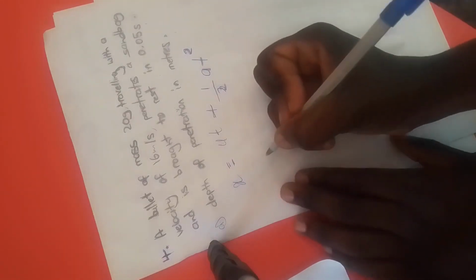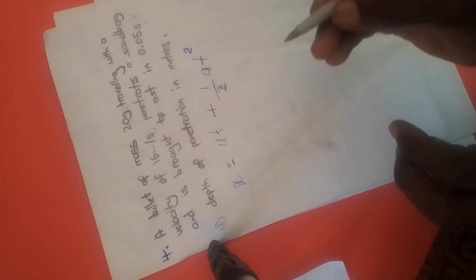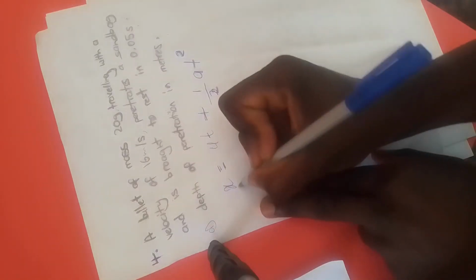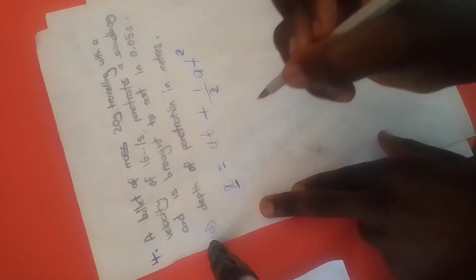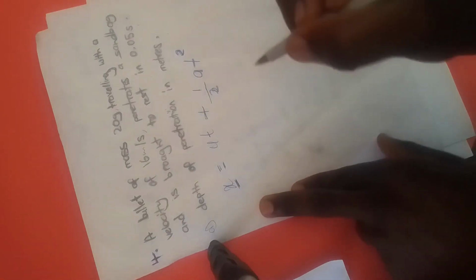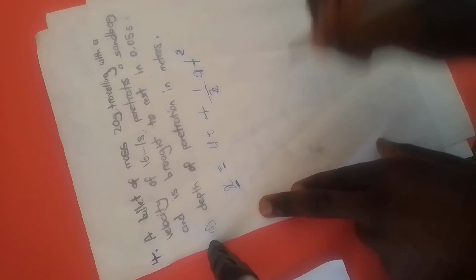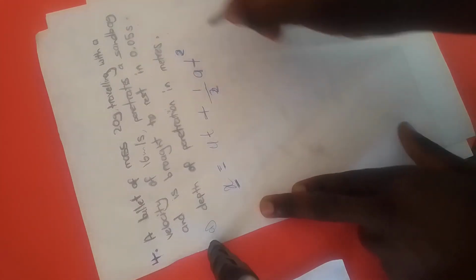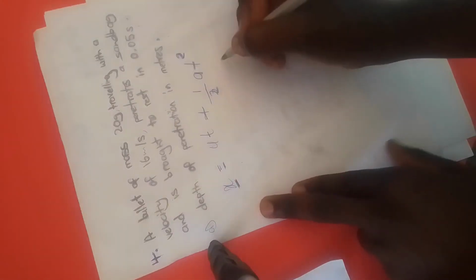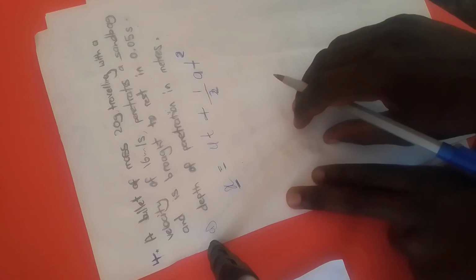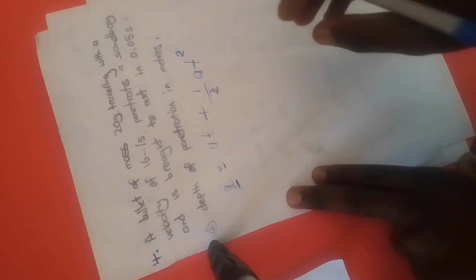So we need to calculate the depth of penetration, which means the distance or displacement the bullet went into the sandbag, which means we're going to calculate x, right? In this example, there's no need to make anything other than x the subject of the formula, of which x is already the subject. But we have two unknowns.